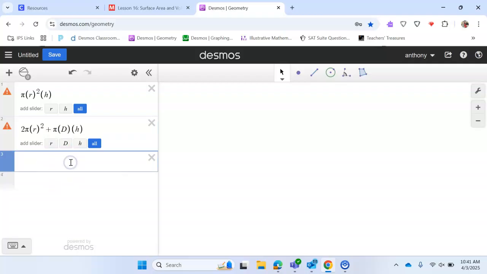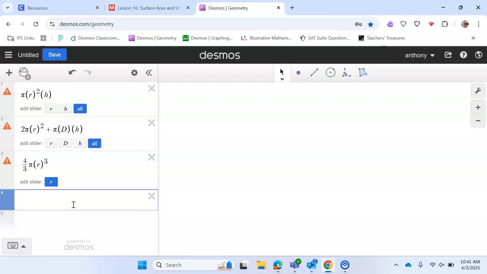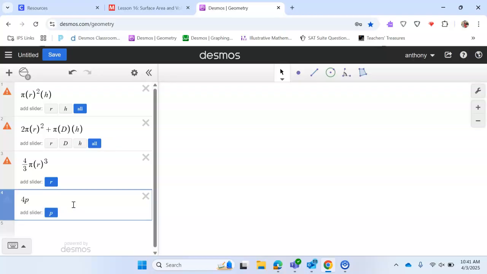And for a sphere, the volume would be 4/3 pi r cubed. And the surface area would be 4 pi r squared.